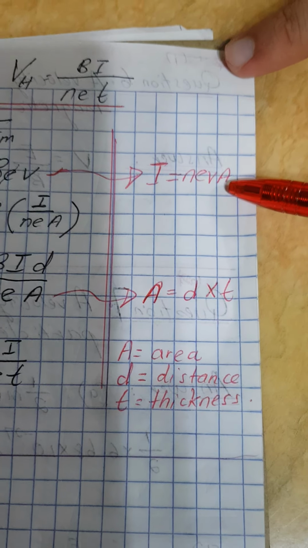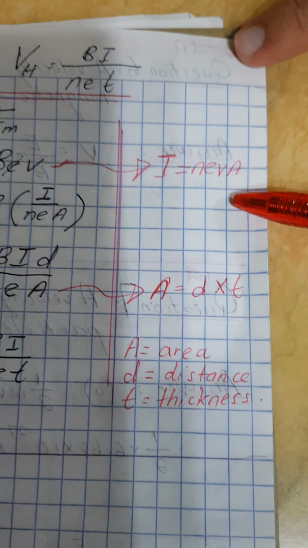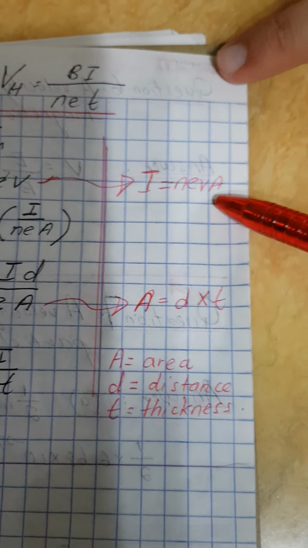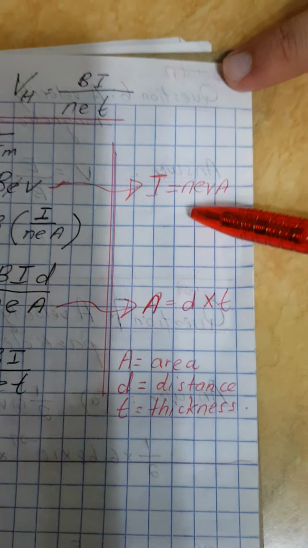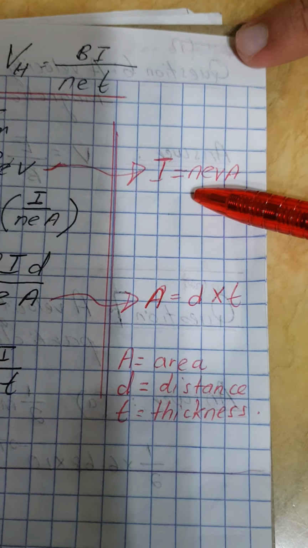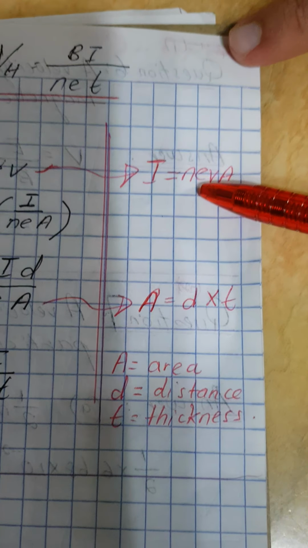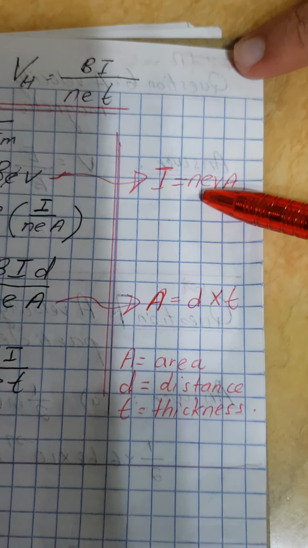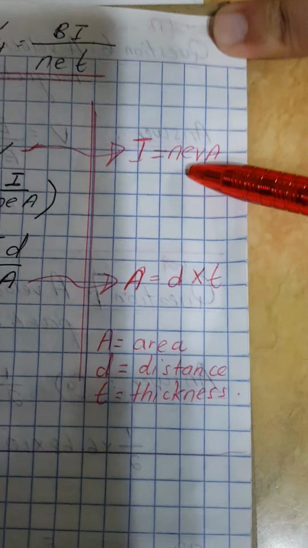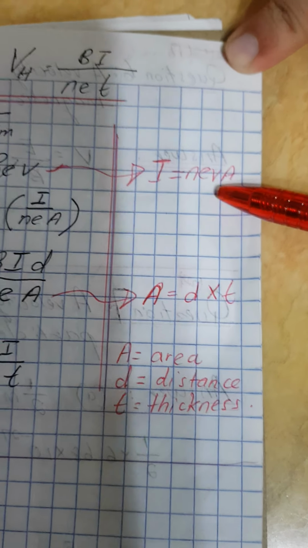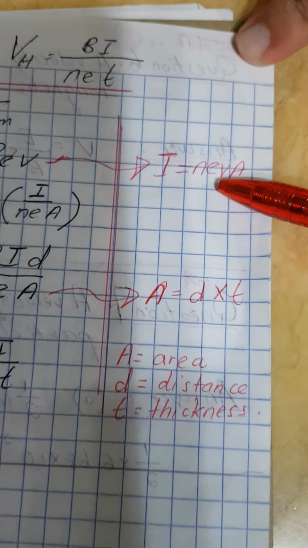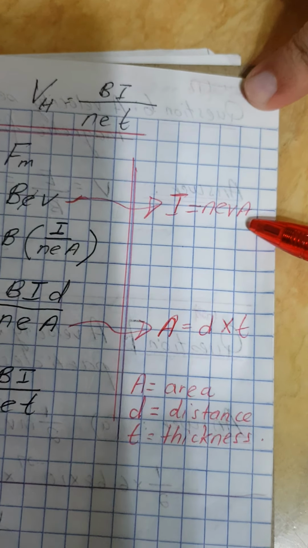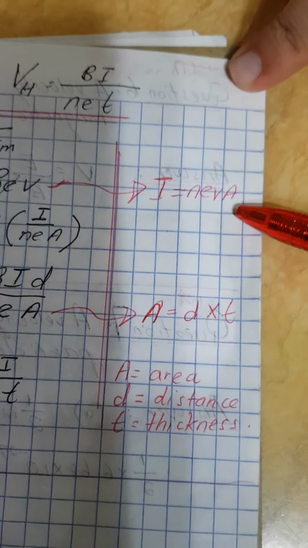Very good. So again, I is current, N is the number of charge carriers, E is the charge of one charge carrier, 1.6 times 10 to the power negative 19, V is your drift velocity and A is your cross-sectional area.